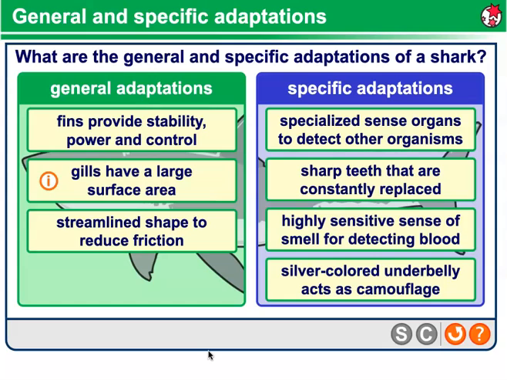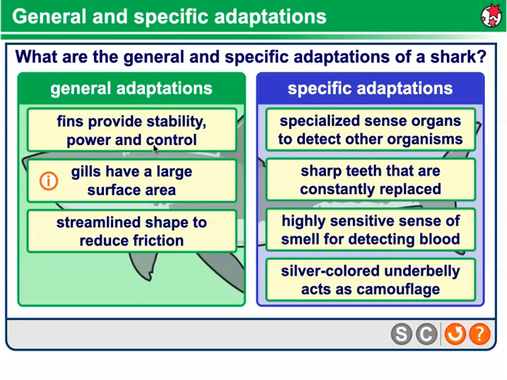So talking about a shark, looking at specific and general adaptations, we have general adaptations that include fins provide stability, power, and control. Gills have a large surface area that allow for them to absorb as much oxygen as possible. And they're also streamlined in shape to reduce friction as they move through the water.